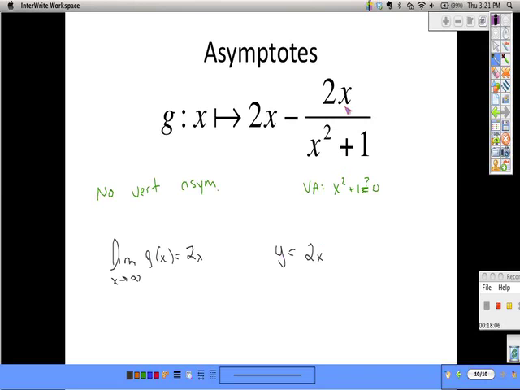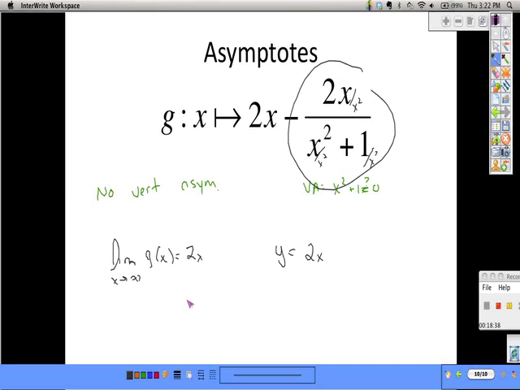I know that because this last term, if I divide everything by x squared, we end up with 0 over 1. So as x goes to infinity, this last remainder part, if you will, becomes 0 as x gets infinitely large. So we're left with 2 times whatever the x value is.